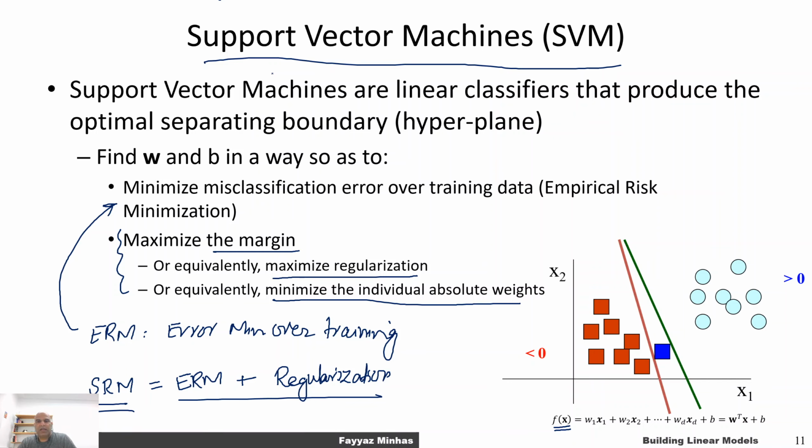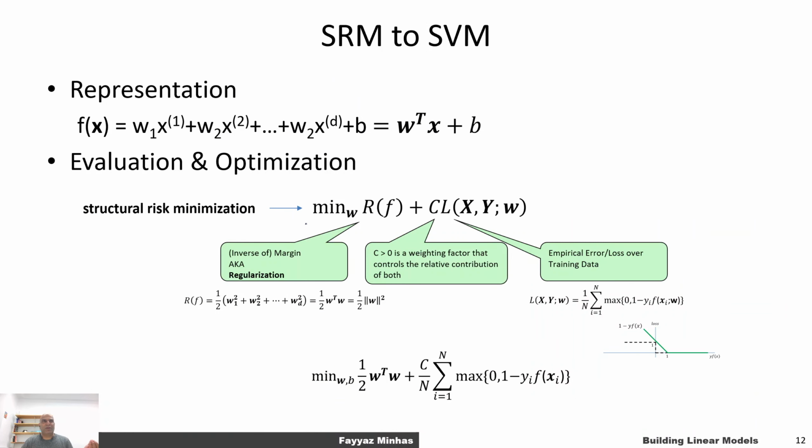More precisely, they find a weight and a bias that minimize classification error over training data, empirical error minimization, just like perceptrons, but they also maximize the margin, or equivalently maximize the regularization, or equivalently minimize the individual absolute weights, so that a small change or a small error due to measurement, for example, will not have a large effect on the output of the system. Now we are going to use these concepts to build the mathematical representation of support vector machines.